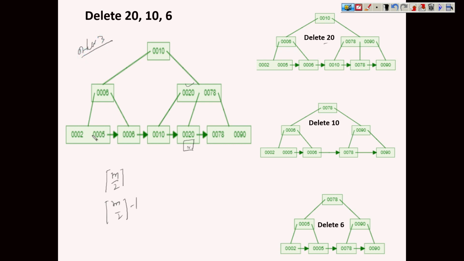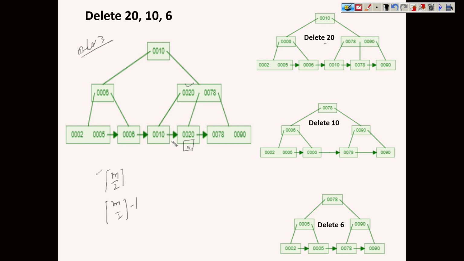Order 3 means that a maximum of 2 keys are possible at any point of time, and it can have a maximum of 3 links. The minimum requirement is that every node must maintain 2 links and it must maintain 1 key value. Since 20 is the only key here, deleting it is going to make this node empty.